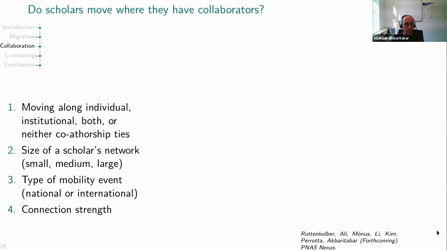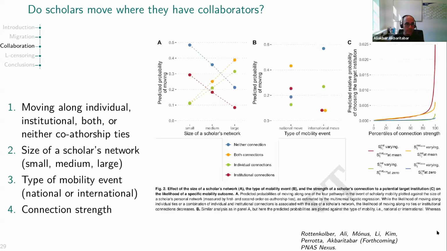We looked at other variables: we controlled for gender, for disciplines, and many other variables, but specifically we looked at the scholar's size of network, the type of mobility, and how strong the connection to the destination is, based on the number of papers they have with them.